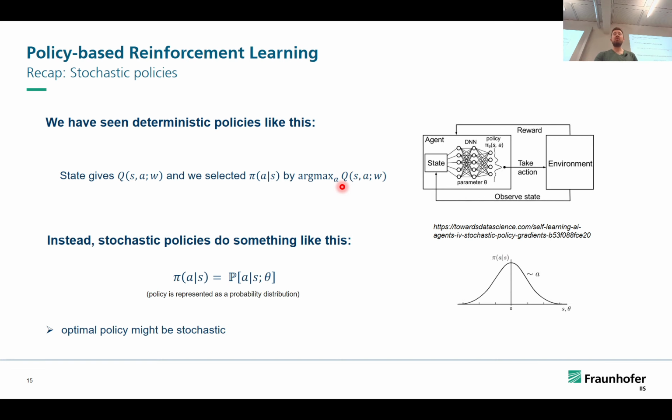And what policy learning does instead, it usually uses stochastic policies, which are directly described by a probability distribution. And in some environments, or actually many environments, the optimal policy is actually stochastic. So for those environments, policy learning is usually a very good fit.